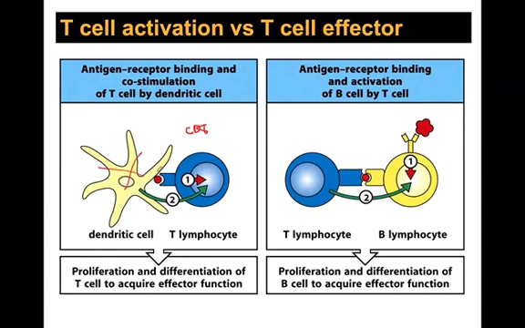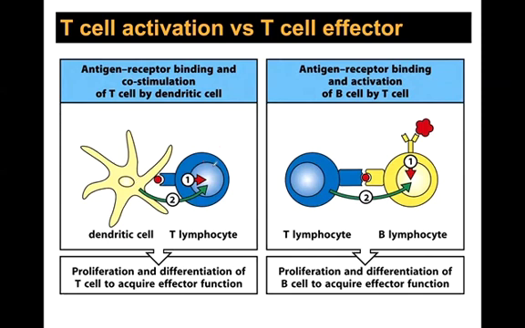That would be counterproductive. What you want it to do is get activated and then proliferate on its own. And Sukhak and others have shown once the T cell gets activated, it just divides, undergoes programmed division, 7 or 8 divisions to give you a lot of T cells, but not killing the dendritic cell.